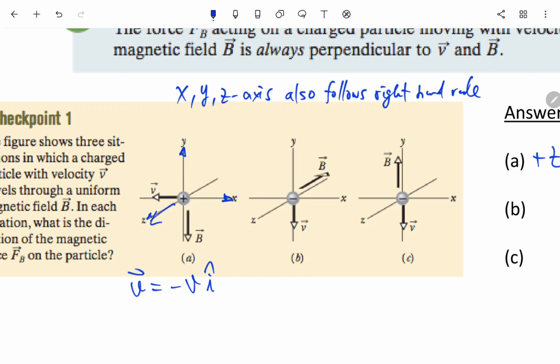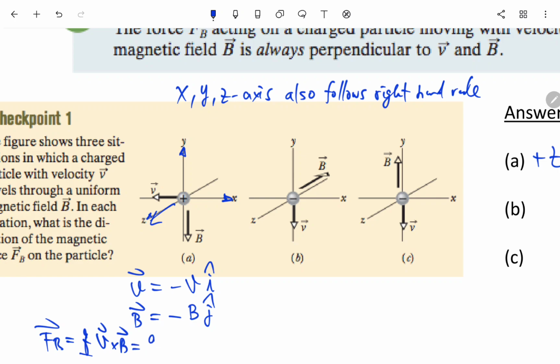And B is pointing to the negative y-axis, so it is negative B j hat. So FB equals qv cross B.